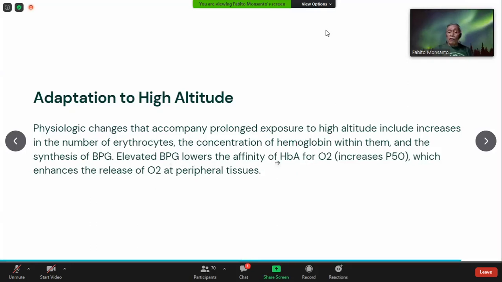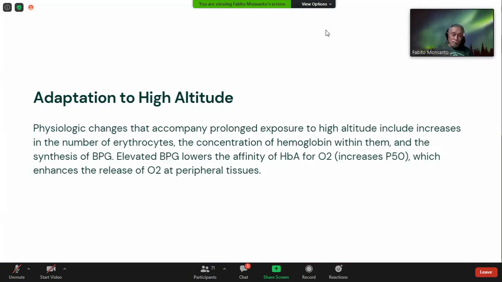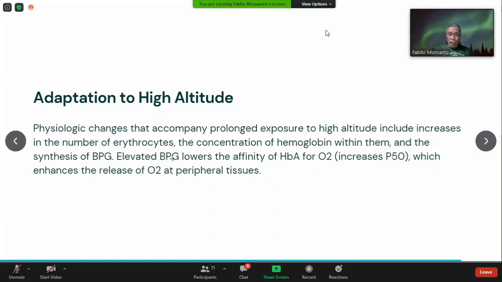As you can see here, BPG lowers the affinity of hemoglobin for oxygen. You have seen that with the deoxyhemoglobin, because it makes the hemoglobin very tight. All right, so what is the remedy?